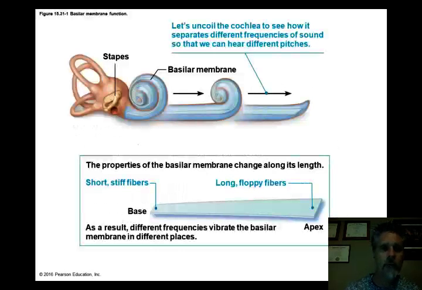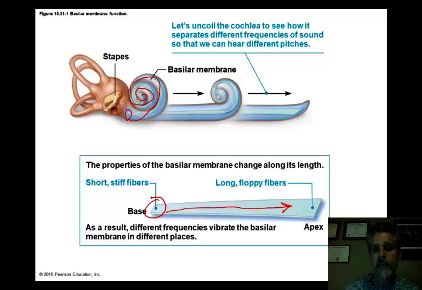So if we were to unroll that coiled up cochlea, what we would find is at the base, like we said, down here, that's where we're going to have the high frequency picked up, and then low frequency are going to be picked up towards the apex instead. So that coiled structure allows us to discriminate different levels of pitch. And then loudness, right, is intensity, how much it's bouncing, etc.